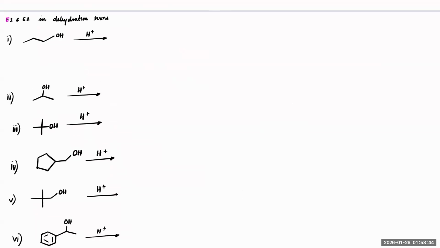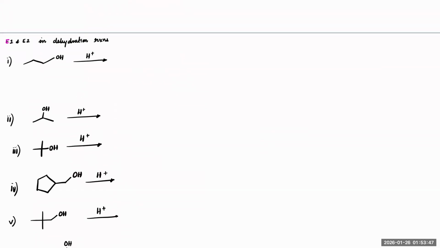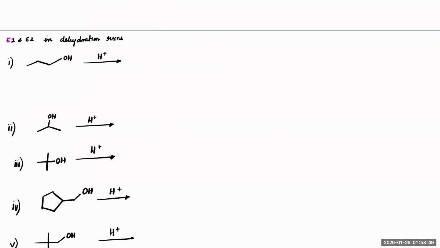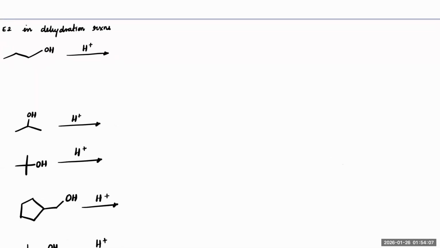Right. Now, I want you to check out, whenever there is an E1 and E2 mechanism happening, especially on alcohols, how does this occur? If a carbocation is forming, what is the product formation? I'll just show you one of them. Rest of them you should be able to manage. Check like this. First protonation will make it OH2 plus.